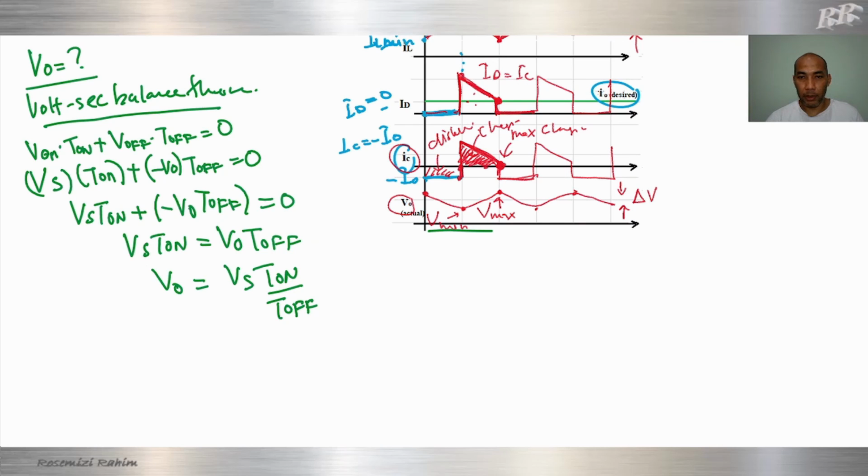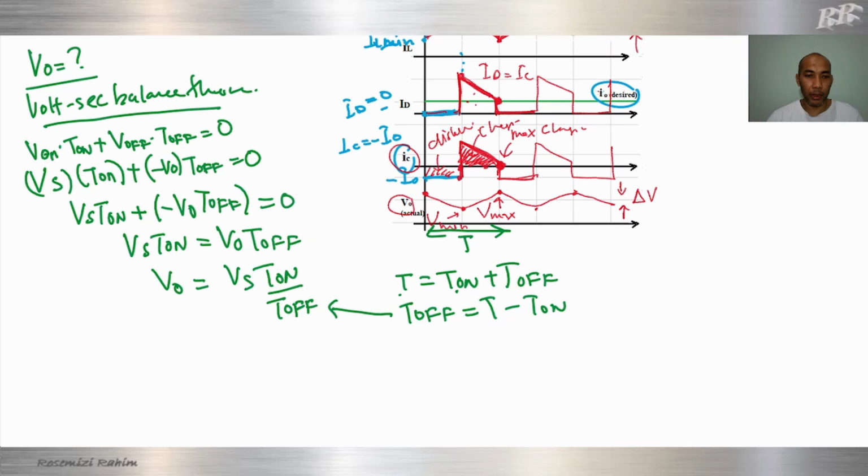We know that the total time is T, so T equals T on plus T off, and T off equals T minus T on. Substituting here, we get V out equals Vs T on over T minus T on.